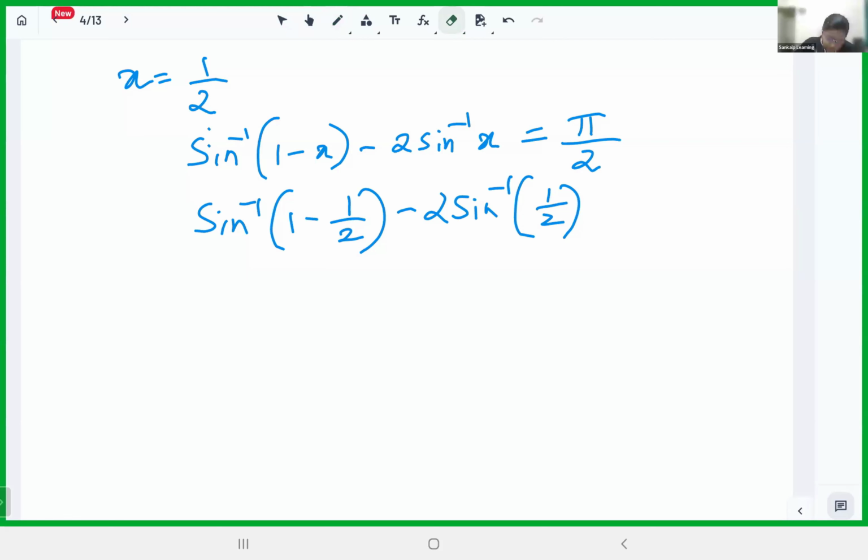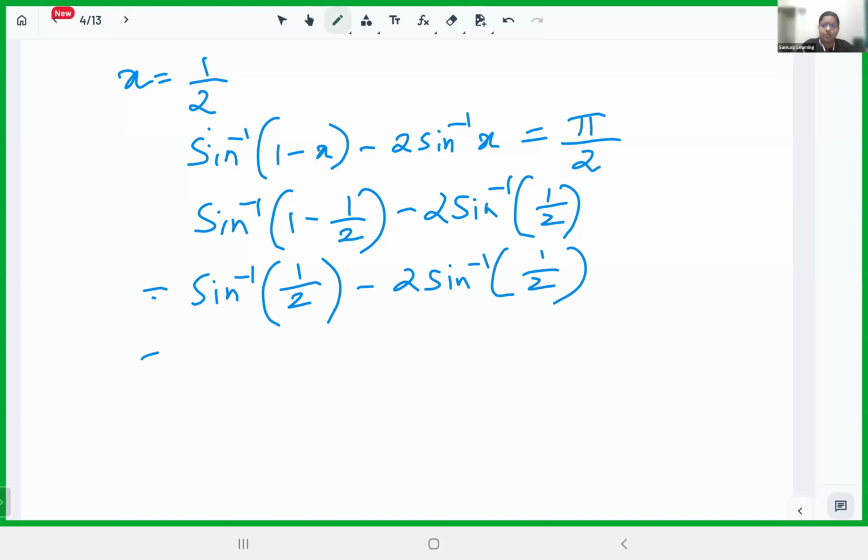So this will become sine inverse of 1 minus 1 by 2, which is 1 by 2, minus 2 sine inverse of 1 by 2. What is this 1 by 2? 1 by 2 can be written as sine pi by 6, since sine 30 is 1 by 2.